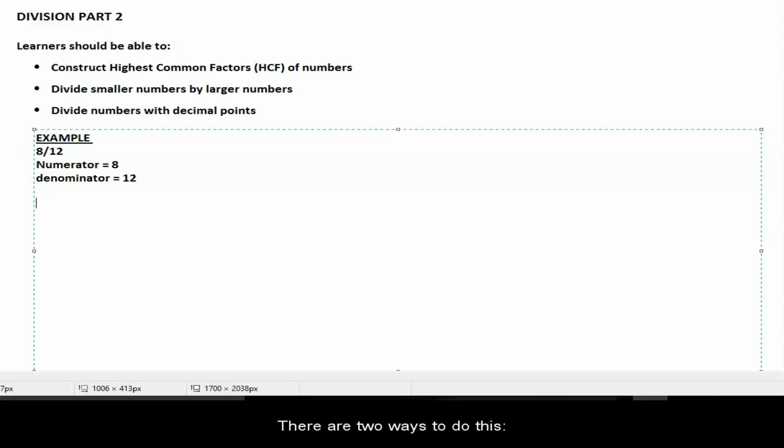So there are two ways to do this. The first one is to use the HCF method.